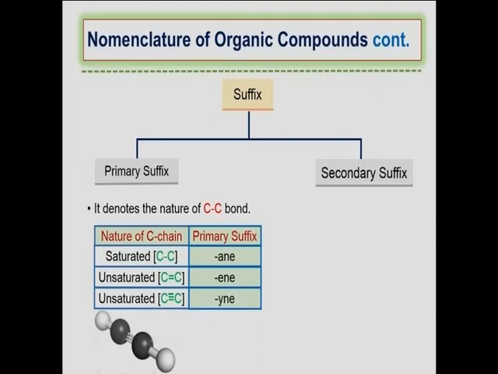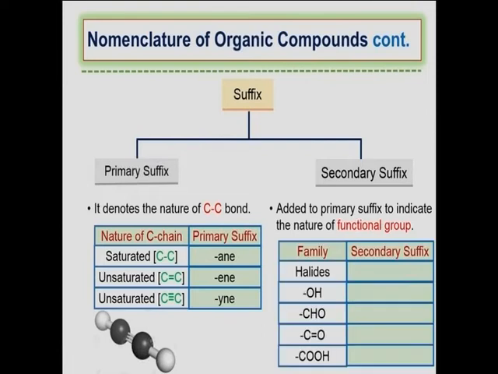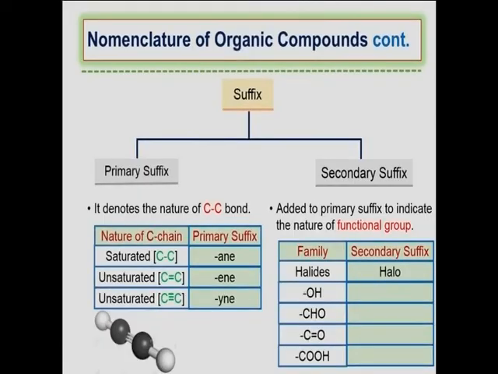We have a secondary suffix that is added to the primary suffix to indicate the nature of the functional group. These are other functional groups besides single, double and triple bonds. Halides, which we also call halogens: chlorine, fluorine, bromine, iodine. This can be one functional group. Then OH. As soon as you see OH in organic substances, you should know that the compound is an alcohol, so your secondary suffix will be ol.